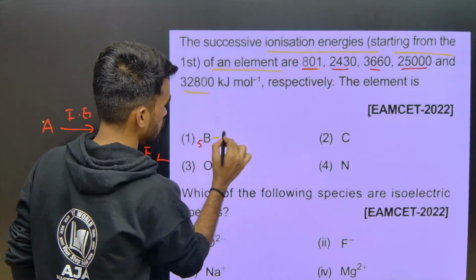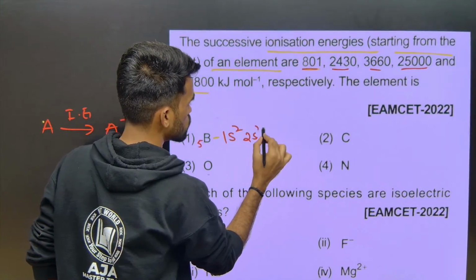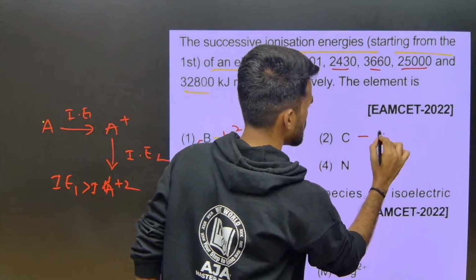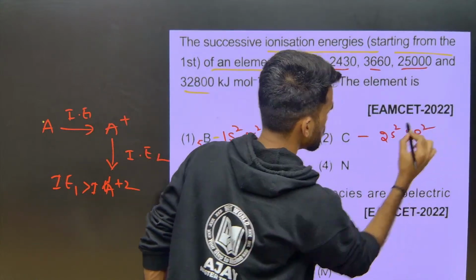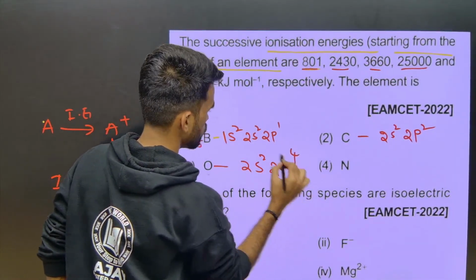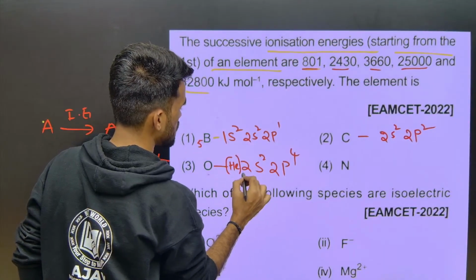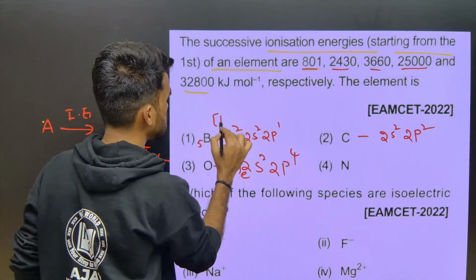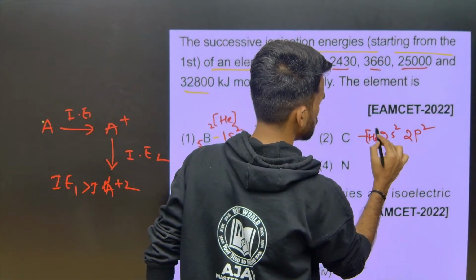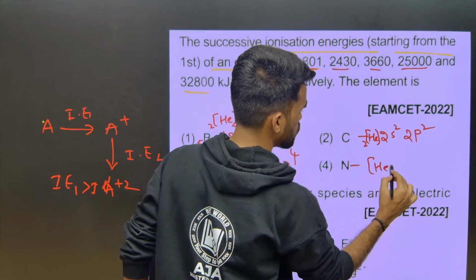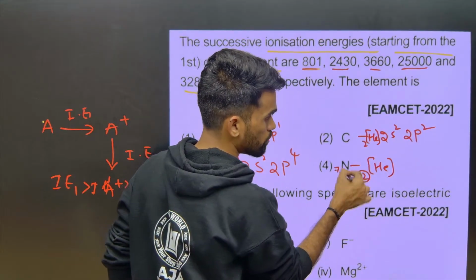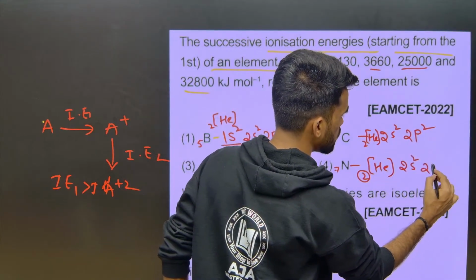Boron, atomic number 5, 1s2, 2s2, 2p1. Next, for this, 2s2, 2p2. For this, 2s2, 2p4. Here we have the helium configuration, so I can write helium, atomic number 2, here also. For nitrogen also I am writing helium. Two electrons over, atomic number is 7, so 5 more are required: 2s2, 2p3.